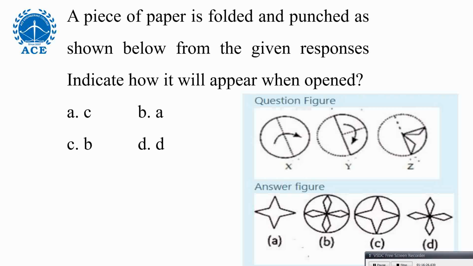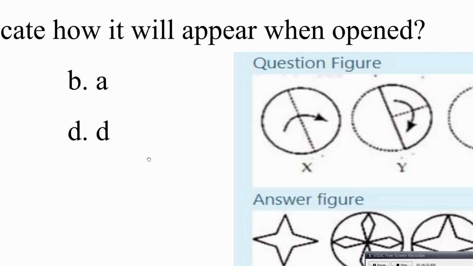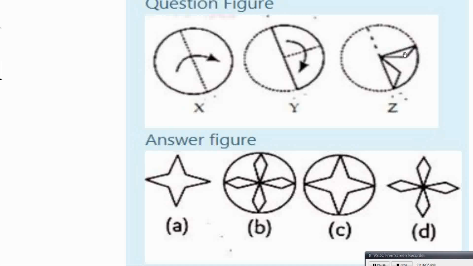And here again, paper folding, paper cutting. This is only this quarter part, right? If you take this quarter part, you see the page may be turned out. I think B is suitable because a circle shape is there, right?